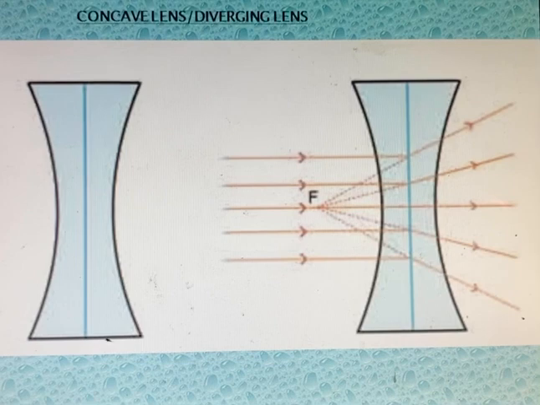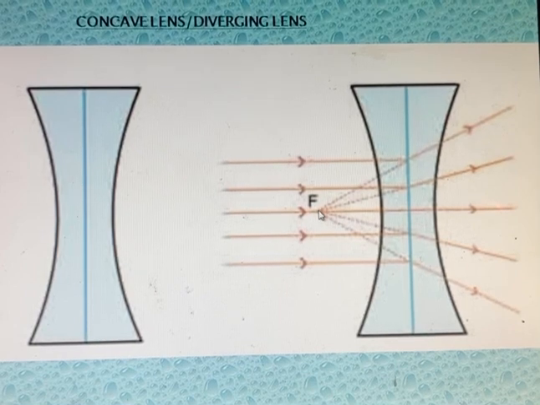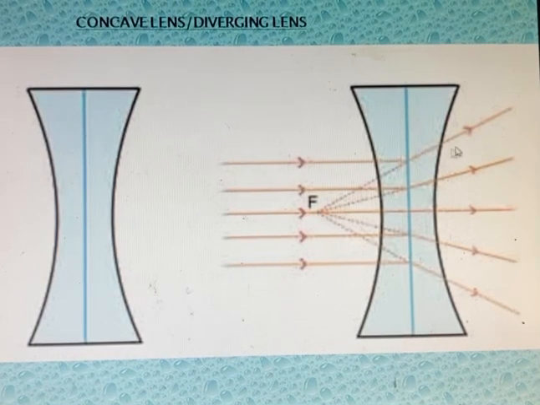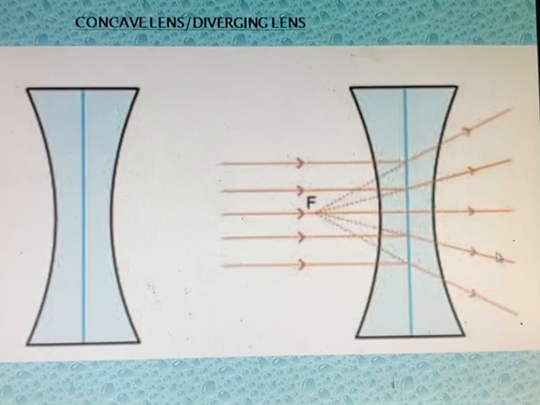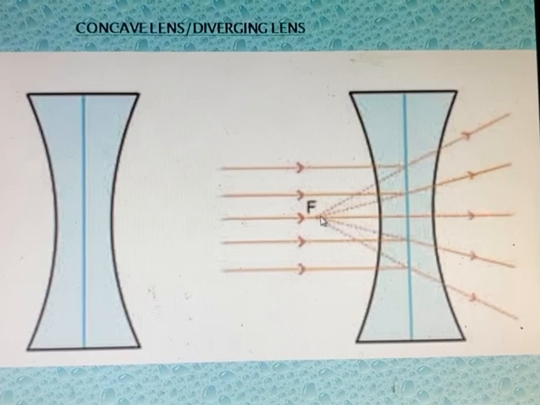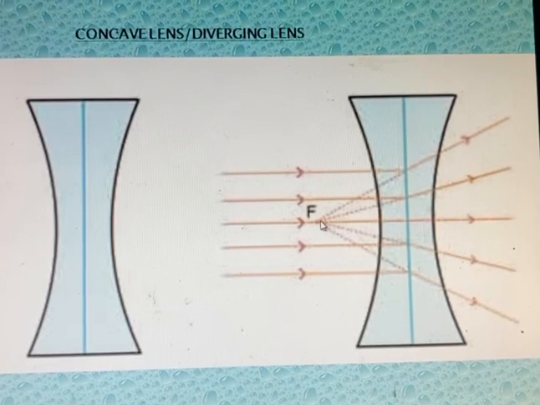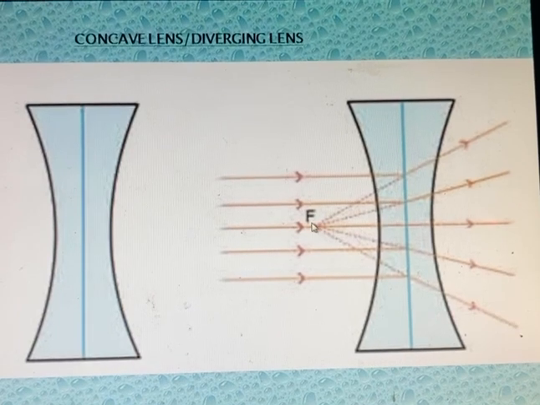That is not practically forming, but it is assumed to be, right? It's just an assumption. That means if we meet the lines straight and straight, it seems like the diversion starts from this focal point.